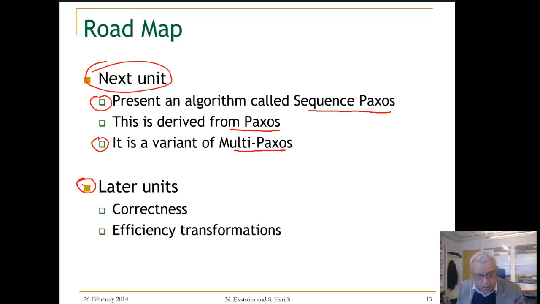Later, we are going to have units discussing the correctness of the algorithm, and a number of units discussing how we are going to efficiently transform this algorithm by a series of transformation steps that makes it a very efficient algorithm. The final product is a very efficient algorithm. So please just hang on.